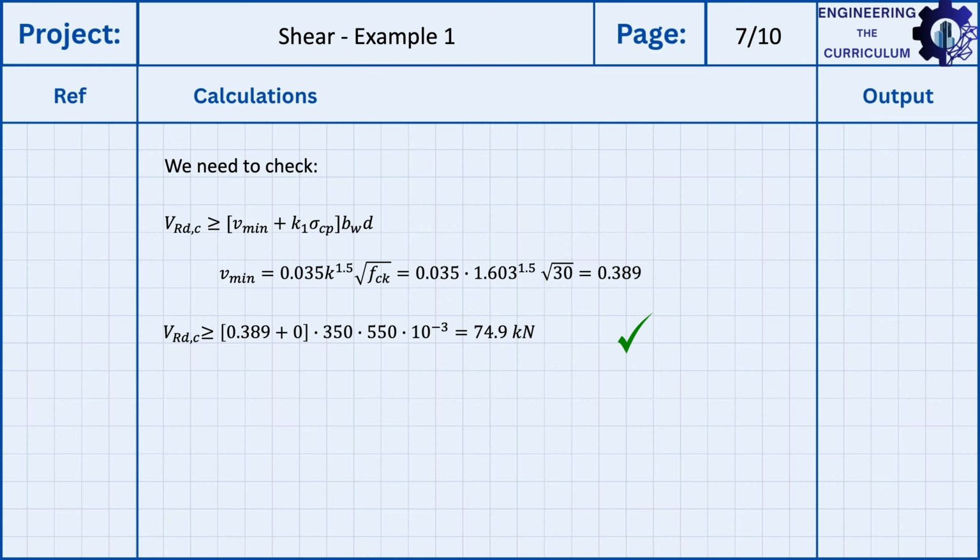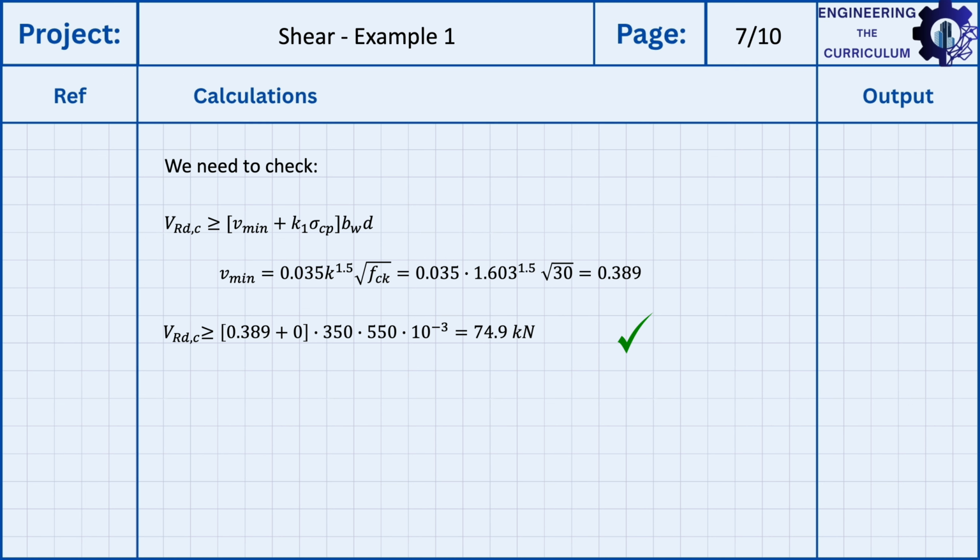And if we add that to the fact that sigma cp is 0, we can find out that VRd,c needs to be bigger than 0.389 times 350 times 550 times 10 to the minus 3 to organize my units, and that works out as 74.9 kilonewtons. And the VRd,c that I calculated is indeed bigger than this.